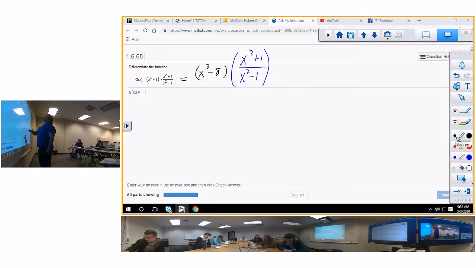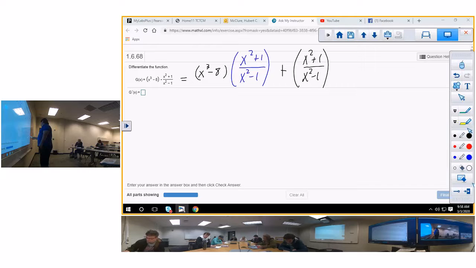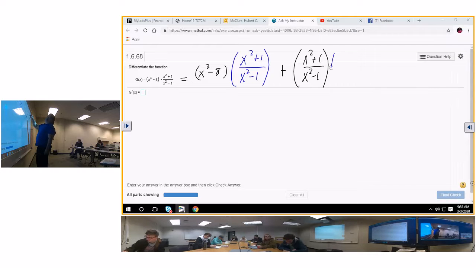Plus the second, x squared plus 1 over x squared minus 1 times the derivative of the first. And that's going to be x to the third minus 8. All right, get to work.